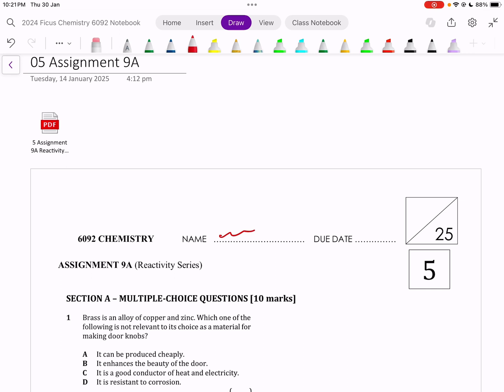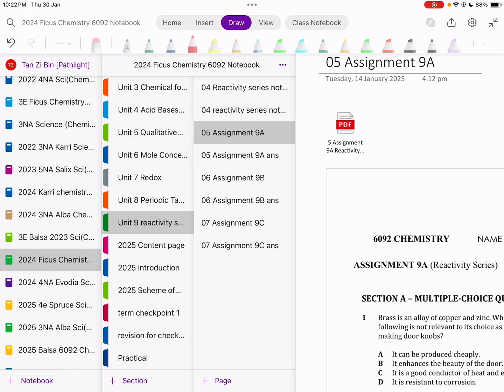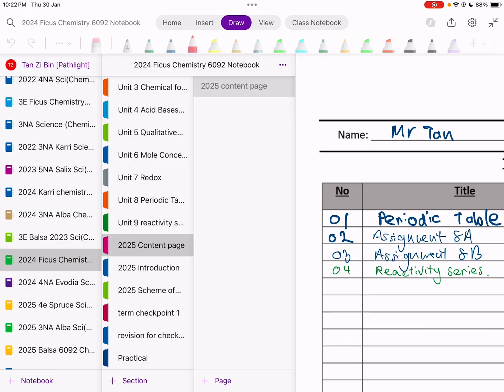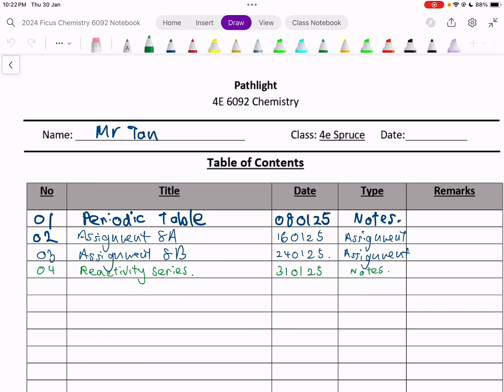Make it next Wednesday when I see you, that is 5th of Feb 25. But you can put it down as today's date, 31st Jan. Assignment 9A is largely on alloys and the reactions that we covered today. Then write down the assignment.